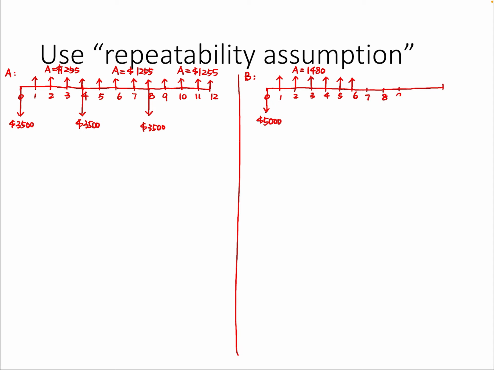Okay. Which means at the end of the first cycle, you need to pay the same price for the same machine. And after that, every year you're going to have the same positive annuities provided by the machine.